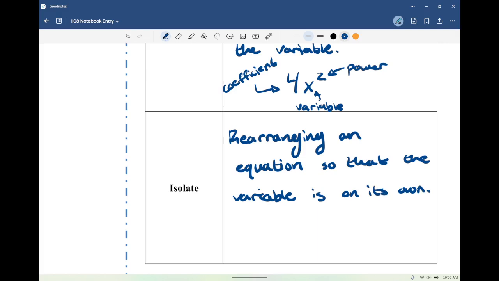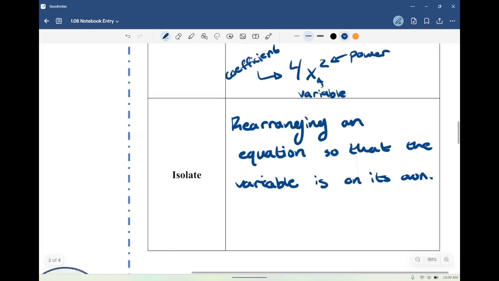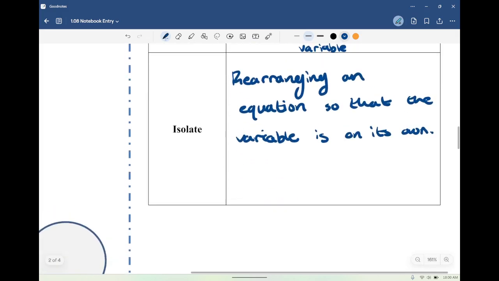Specifically, we would look for x equals some number. It might not be x, it might be y, h, l, m, s, whatever it is. We're looking for that variable equal to a number and nothing else going on.